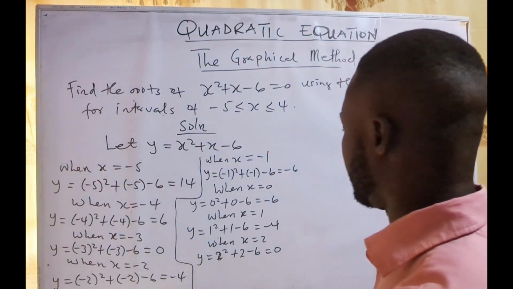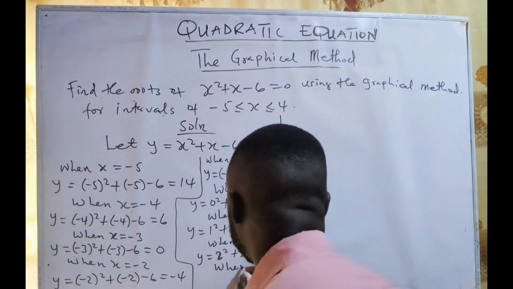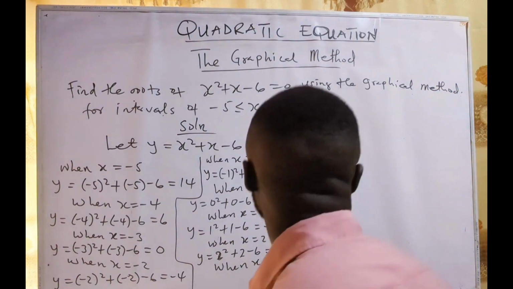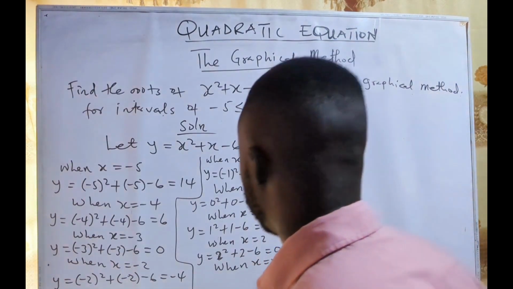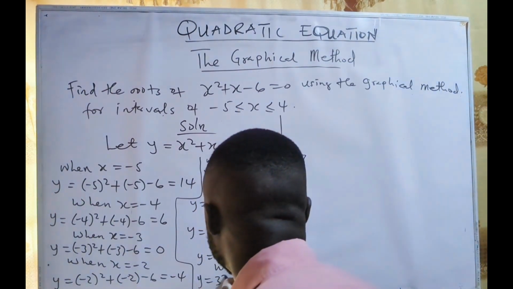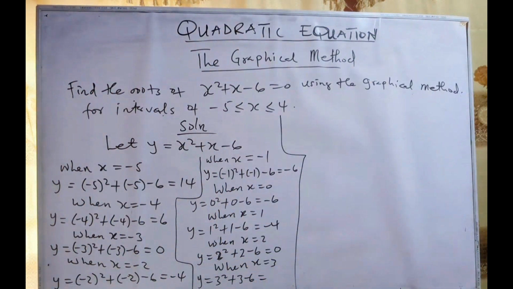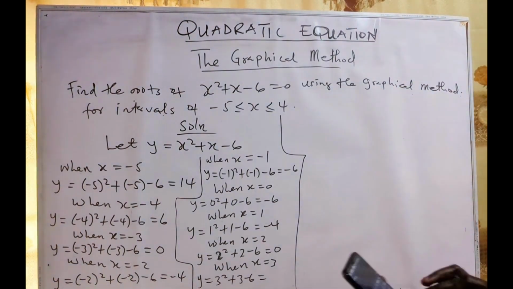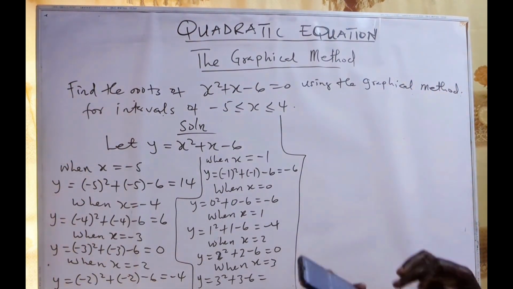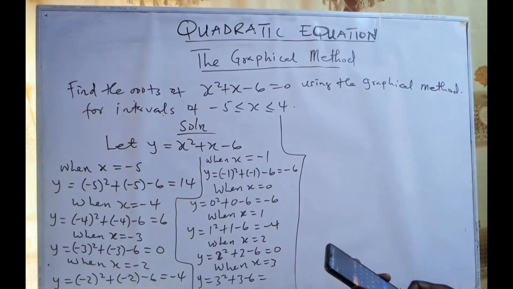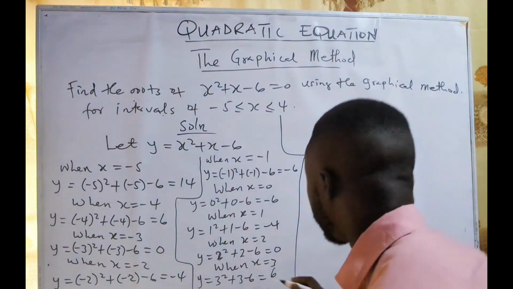When x is equal to 3, we have y to be equal to what? 3 squared plus 3 minus 6, and that will give us 6.